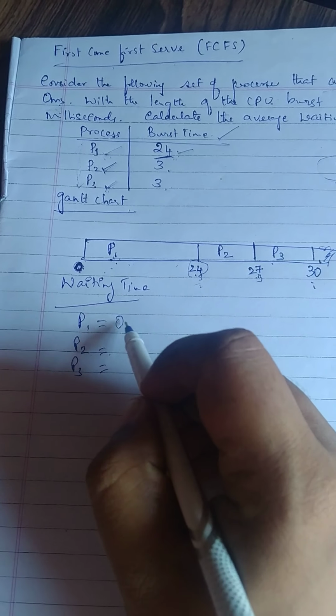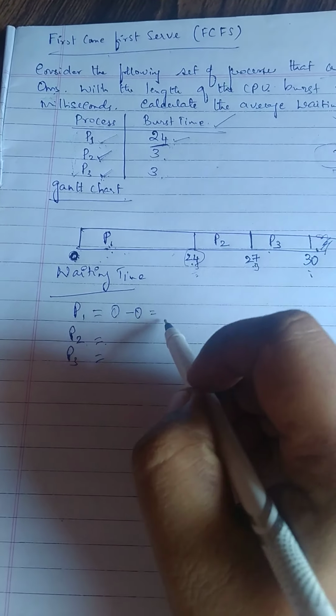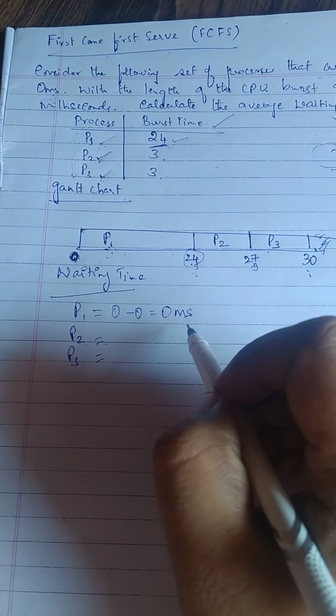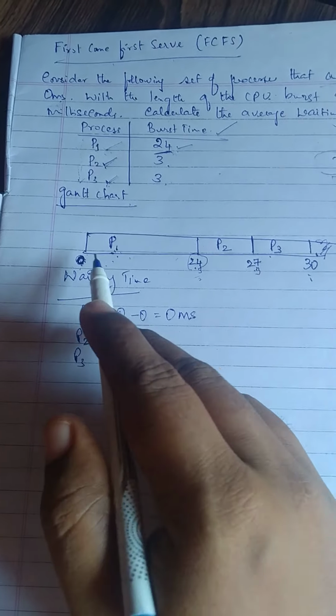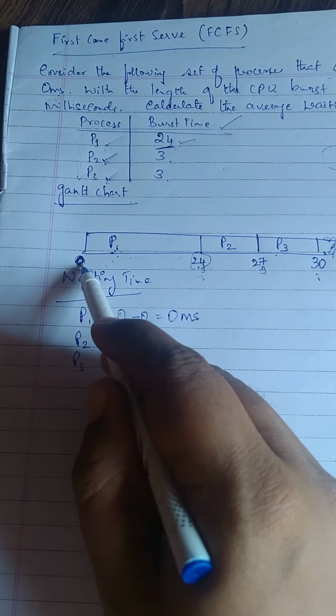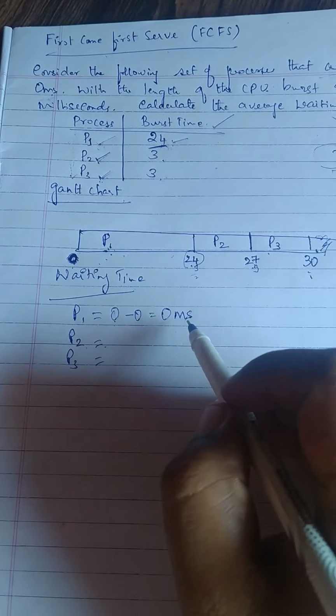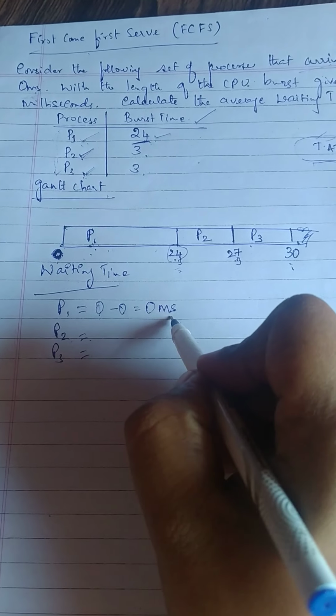So P1, 0 minus 0, that is waiting time for P1 is 0 millisecond. I hope you're getting it. P1 arrived at 0 millisecond and it got the CPU at 0 millisecond. So 0 minus 0, it is 0 millisecond.